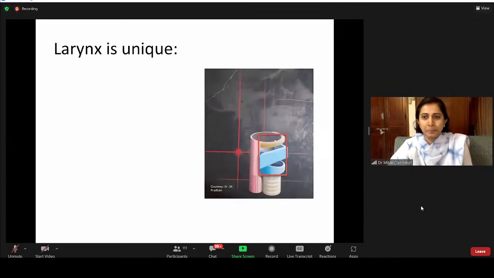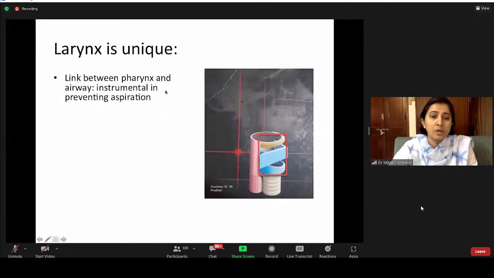To begin, the larynx is a unique organ. I've used this diagrammatic representation and I shall be using it to explain a few steps in the course of my presentation. It is unique because it forms a link between the pharynx and the airway and thus is instrumental in preventing aspiration.